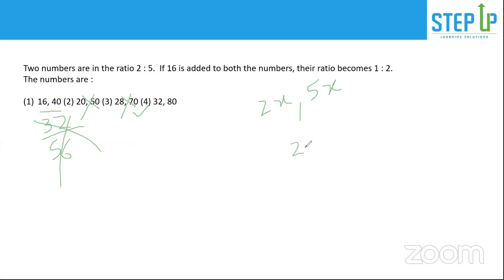That means what I can do is (2x plus 16) upon (5x plus 16) equals 1 upon 2.